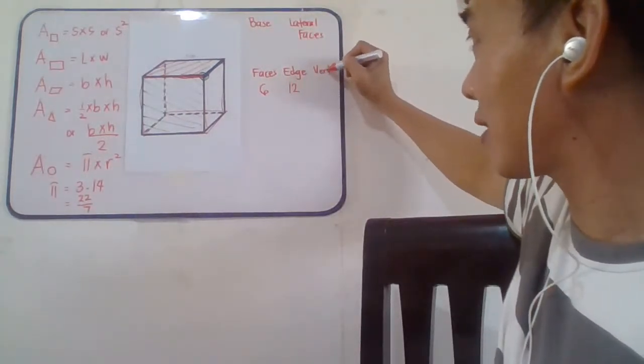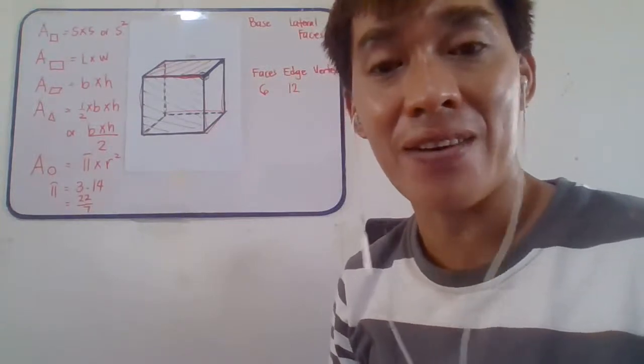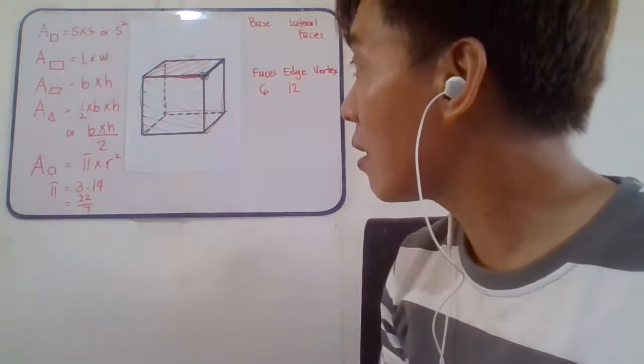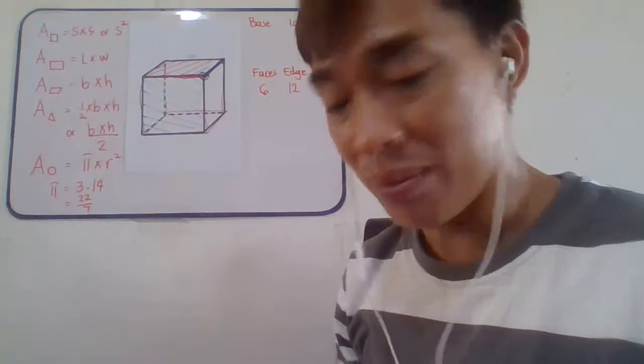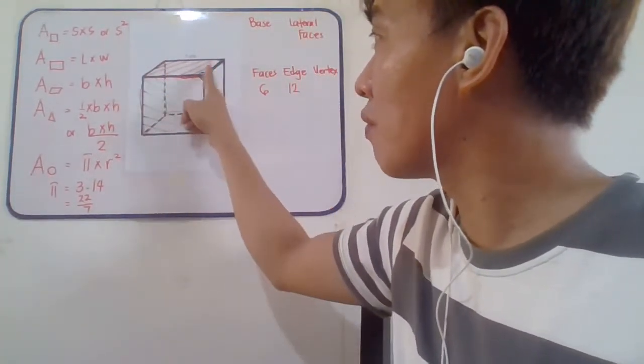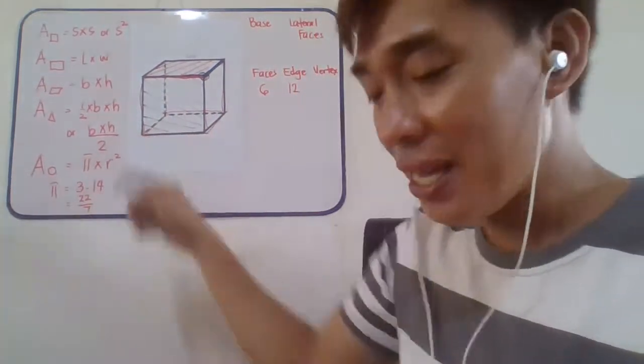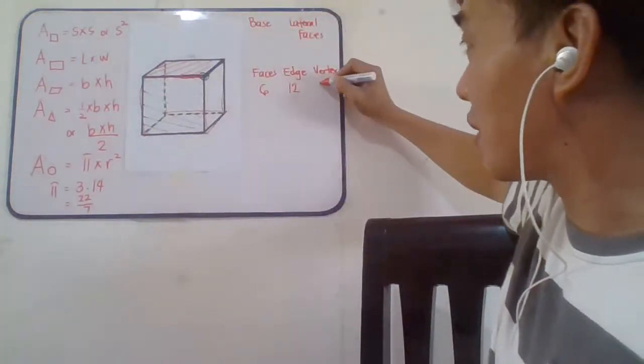Okay, vertex. Now let's count how many vertices are there in our square prism, or what we call cube. Okay, so 1, 2, 3, 4, 5, 6, 7, 8. So there are 8 vertices.